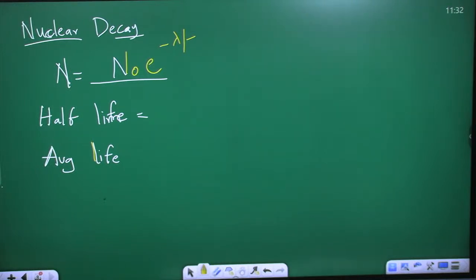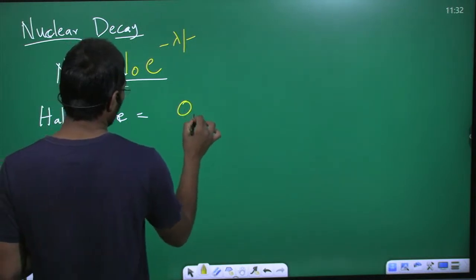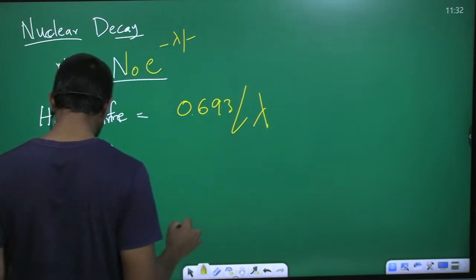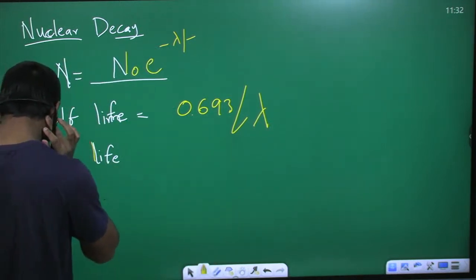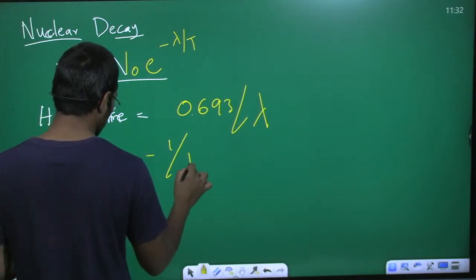Initial quantity. What is N? At time t. Right. What is half-life? ln2 by lambda, right? So what is average life? 1 by lambda, right?